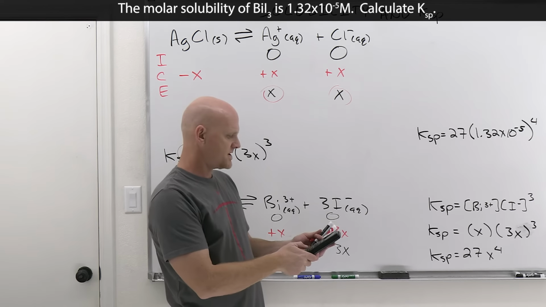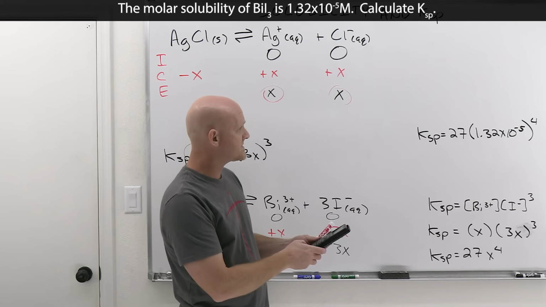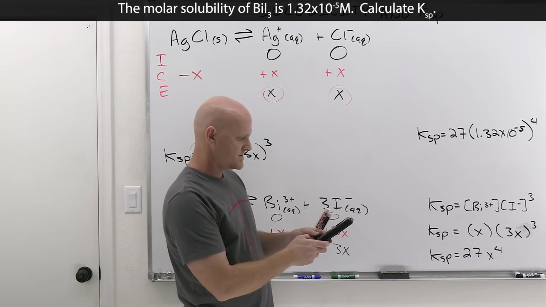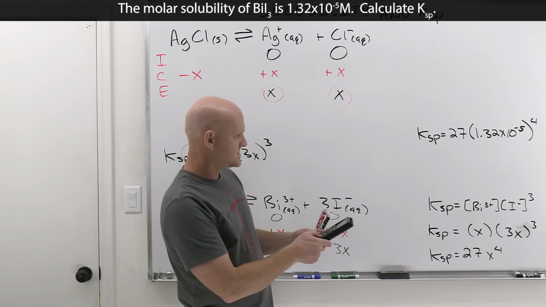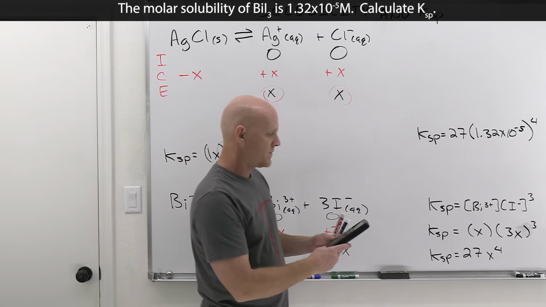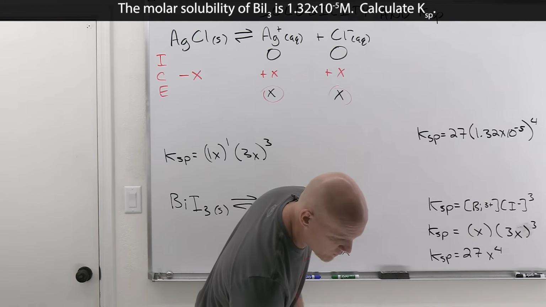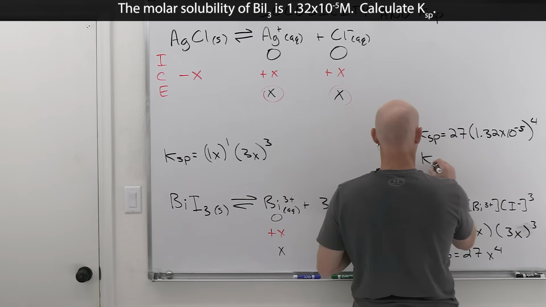And if we do some plugging and chugging here, 27 times, in parentheses, 1.32 e to the negative 5, and then caret fourth power, we're going to get 8.197, so 8.20 times 10 to the negative 19.